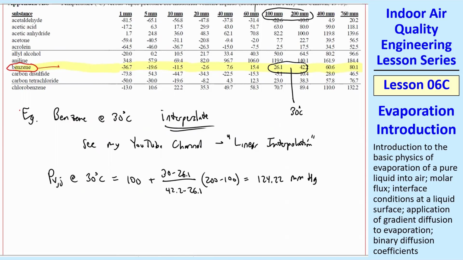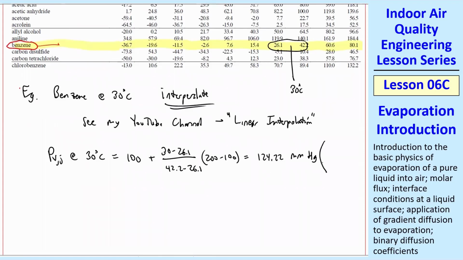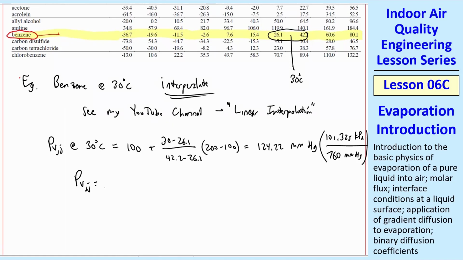124.22 millimeters of mercury. If you want to convert to kPa, which is what we usually want to do, 101.325 kPa is 760 millimeters of mercury. So Pvj is 16.56 kPa. So you can see that benzene is a fairly volatile liquid because it's 16 kPa out of 101. So that's a pretty large percentage.